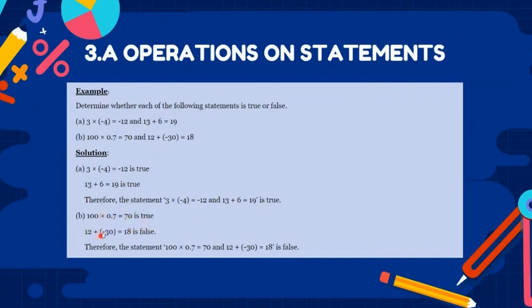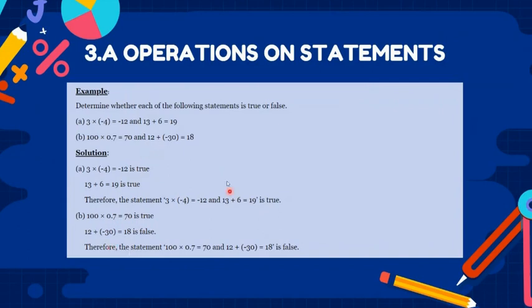The next one is 12 plus -30 equals 18. This one should be false. The answer is not 18. So based on these two statements, one is true and one is false. Therefore the overall statement is false.